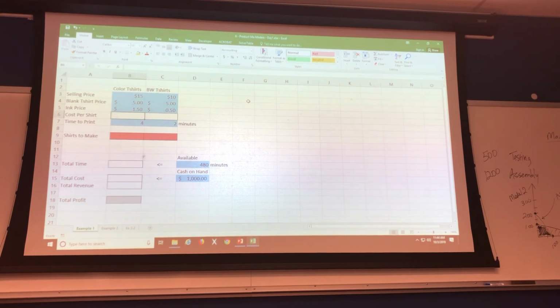The blank shirt price plus the ink price. Yeah. Those are the only two things you're told that you pay for, the shirt itself and the ink that goes on it, okay? So this shirt costs you $6.50, and the black and white one costs you $5.50.